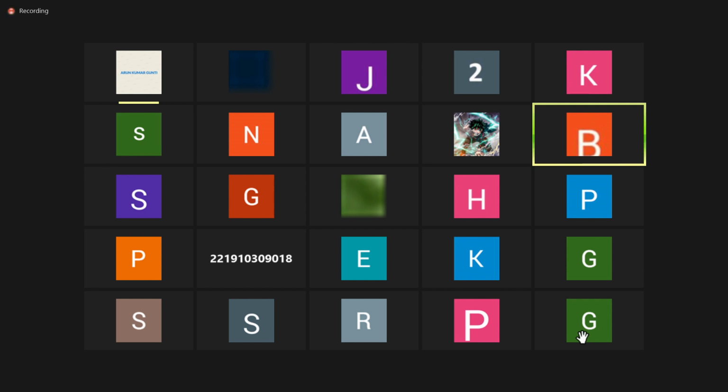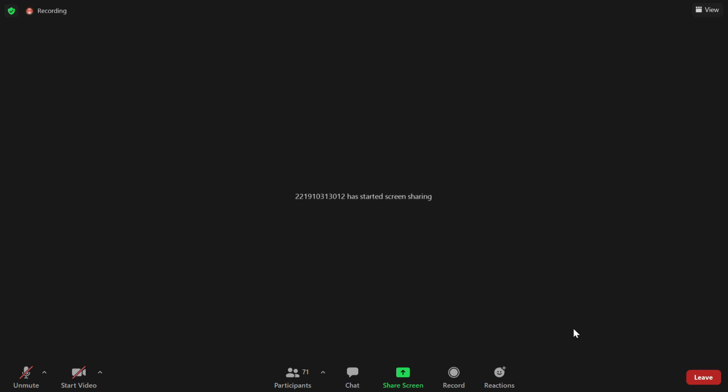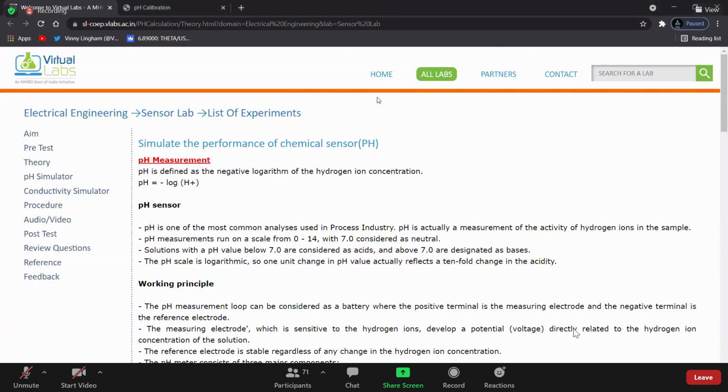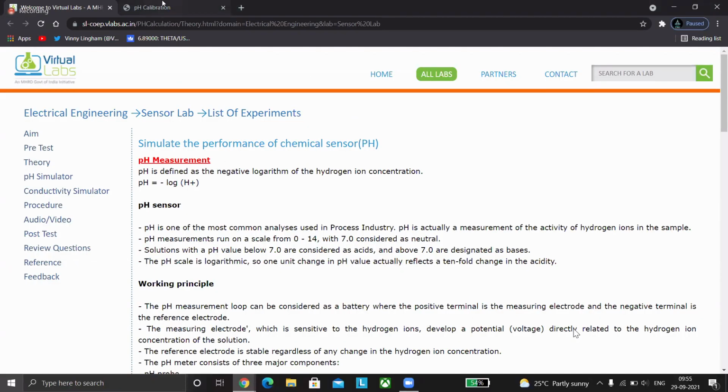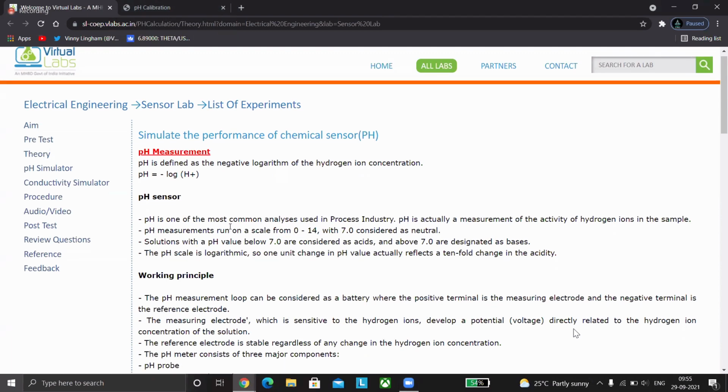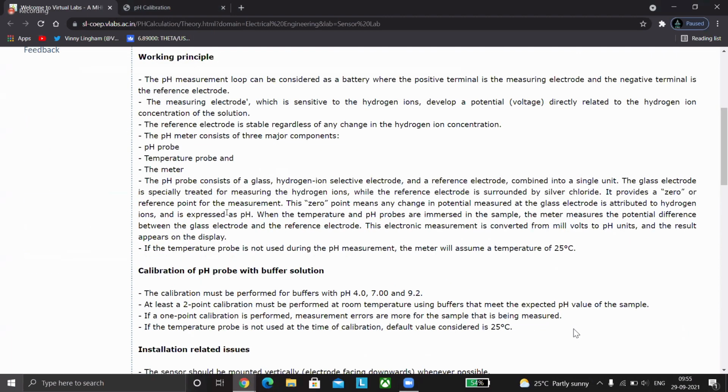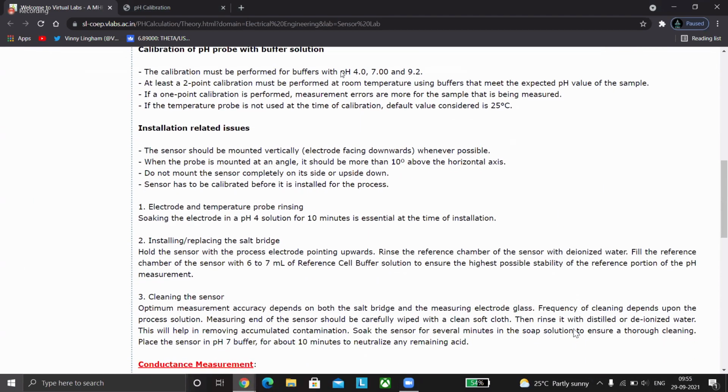Share your screen. Scroll down. Right. Wait.